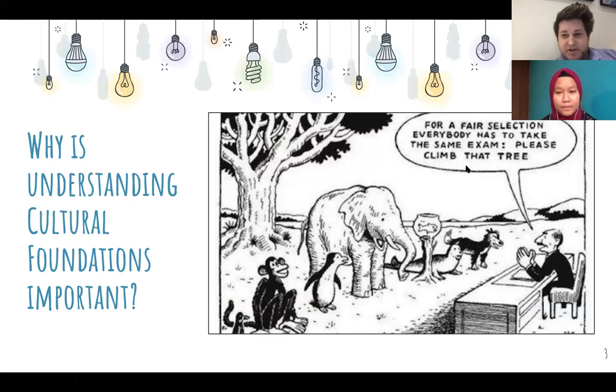So in this example, the test is to climb a tree. Obviously, of these students, only the monkey could climb the tree. So in the same thing in a classroom, if you give some sort of test-worthy evaluation to your students where only a certain number of them will even be able to do it at all because of their background, that's why it's most important to understand cultural foundations.